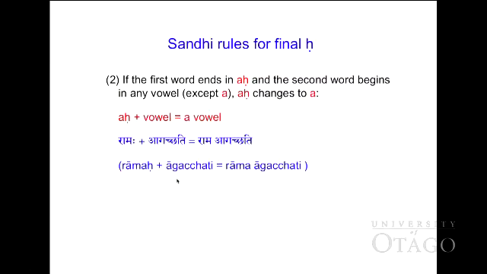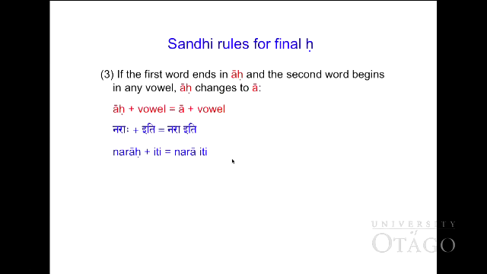Number 2: if the first word ends in aḥ and the second word begins in any vowel except a, you have to delete the ḥ, like this. Rāmaḥ ekākī will be Rāma ekākī.